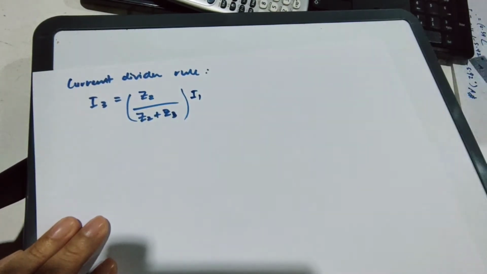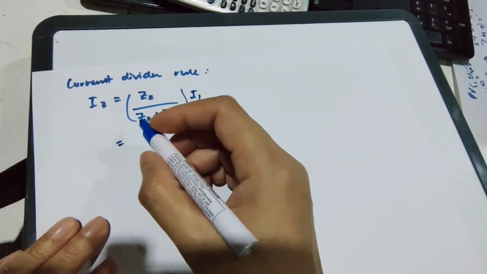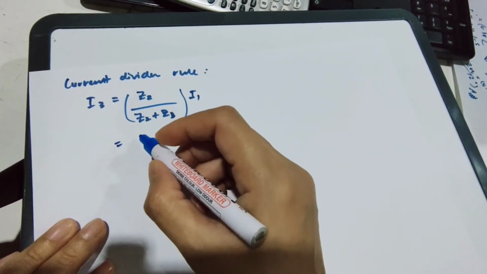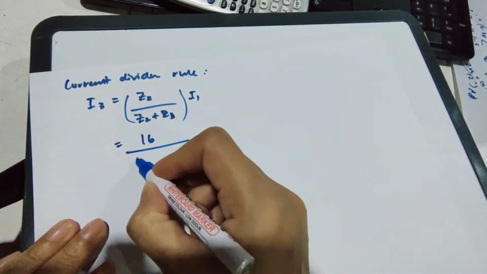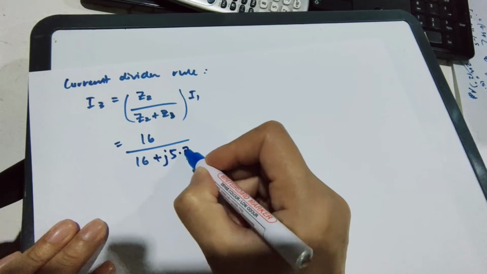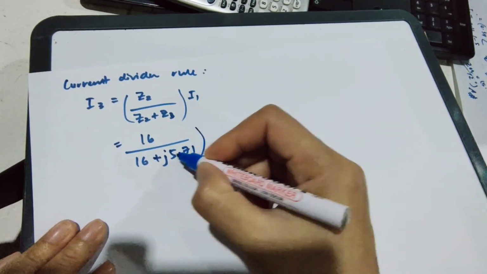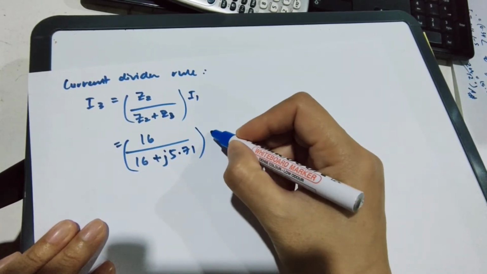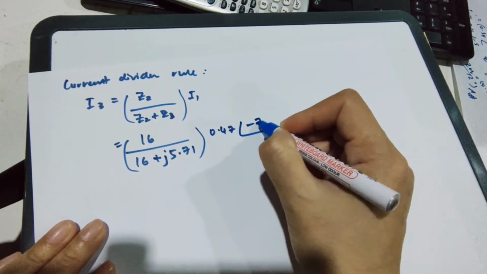So we fill up the formula: Z2 is 16 ohms, Z3 is plus j5.71, and I1 is 0.47 at negative 76.95.